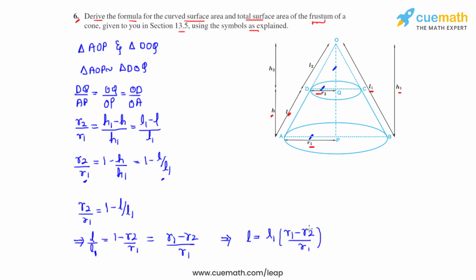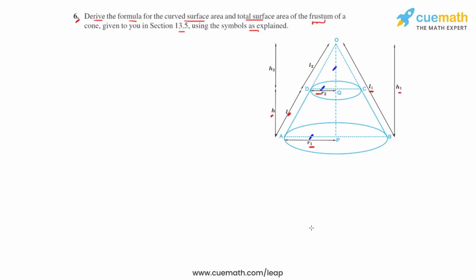Now that we have found the slant height of the frustum part, we can go on to find the curved surface area of the frustum. The curved surface area of the frustum part will be equal to the curved surface area of the cone OAB, the bigger cone, minus the curved surface area of the upper cone, that is cone ODC.